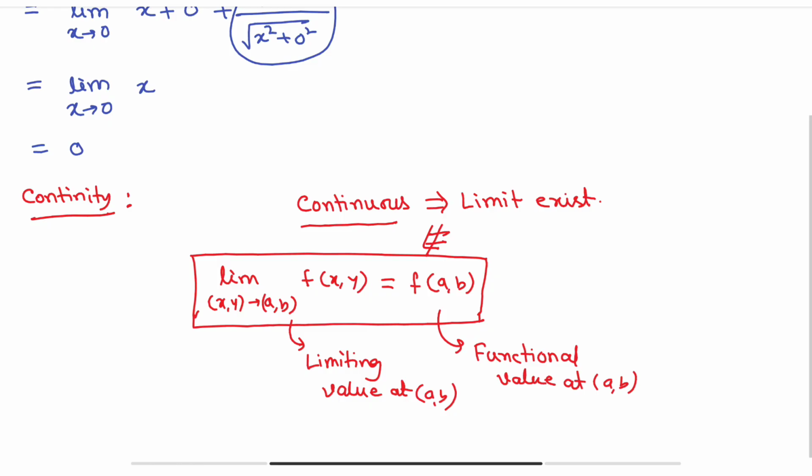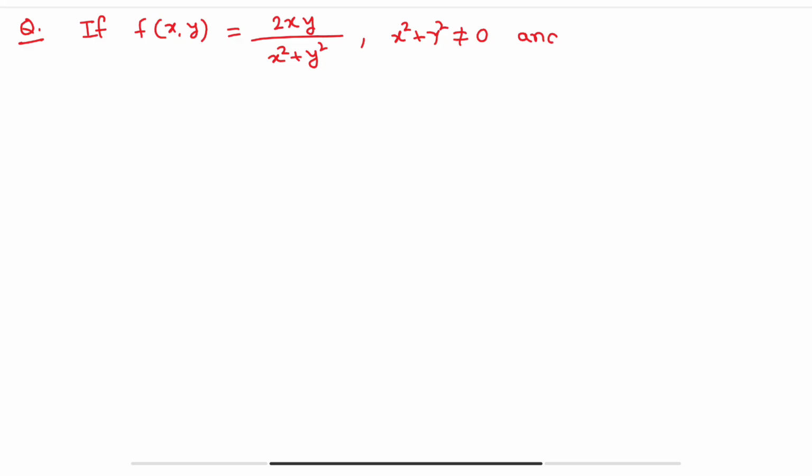Clear? For example, let's say a question: if f(x, y) equals 2xy divided by x square plus y square, and obviously x square plus y square is not equal to 0, and f(0, 0) equals 0.